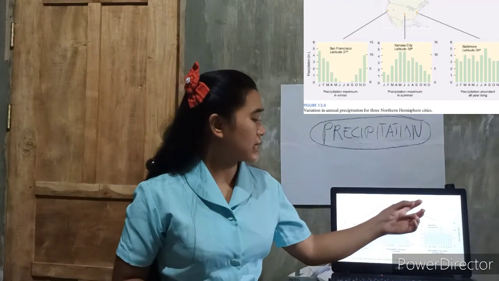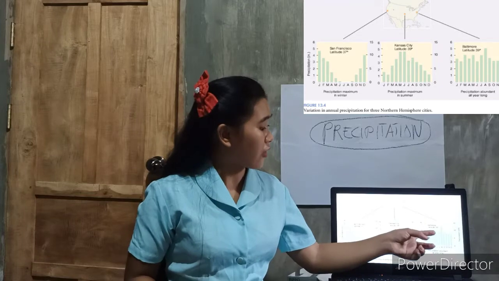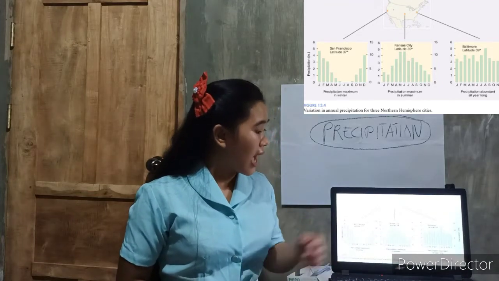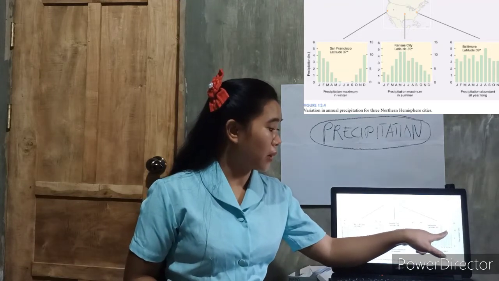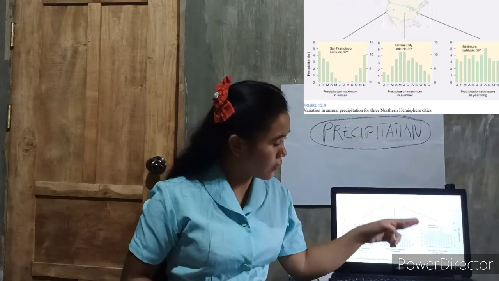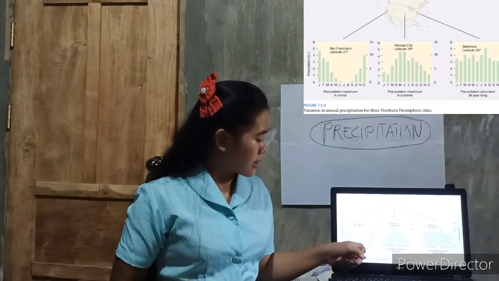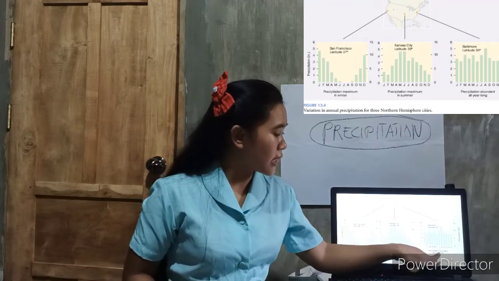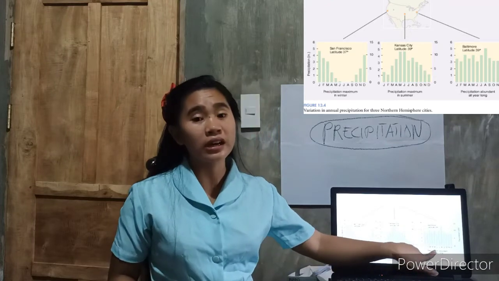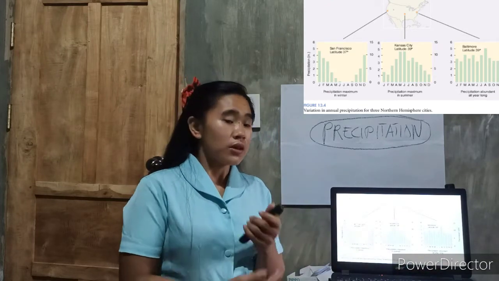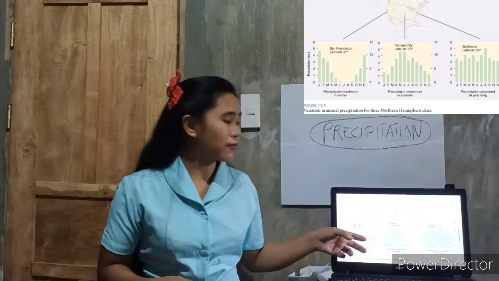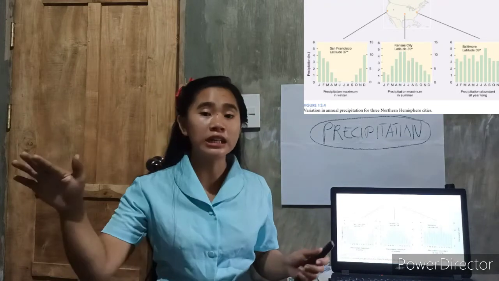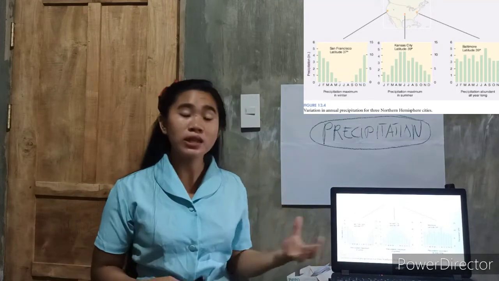Let's now move on to the last city in the East Coast. We have Baltimore. In Baltimore, unlike Kansas and San Francisco, it changes from month to month, but it does not go down severely. Precipitation is abundant all year long. Unlike Kansas City and San Francisco, Baltimore has maximum precipitation all year long, not only during winter or summer.